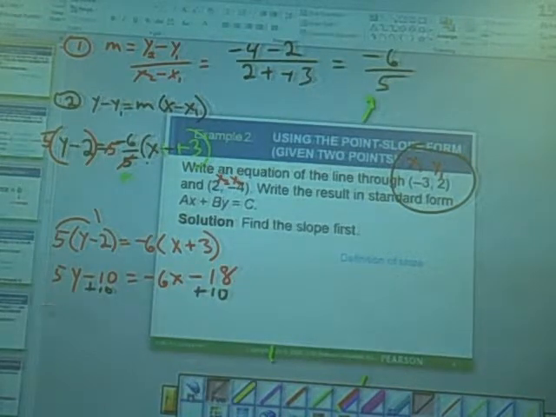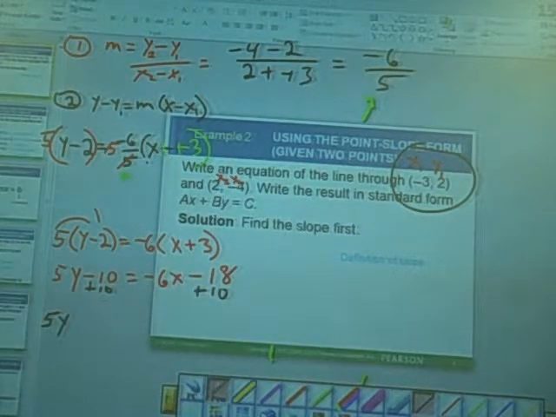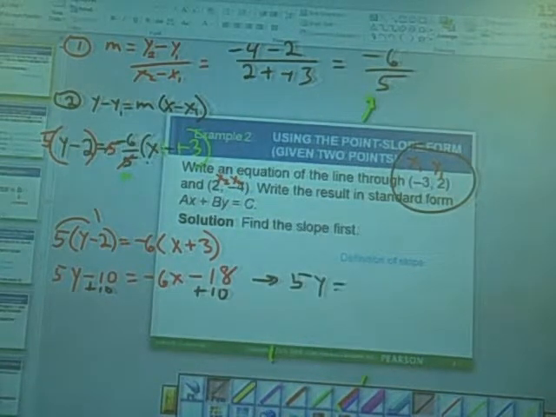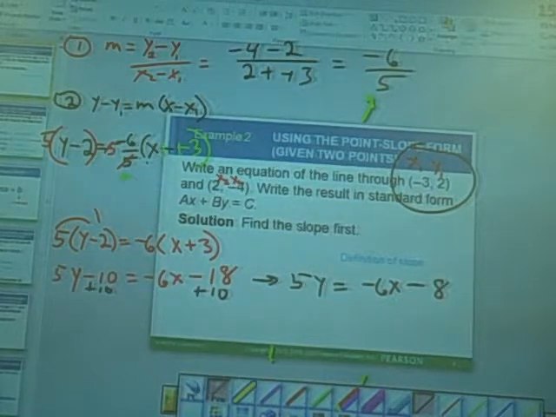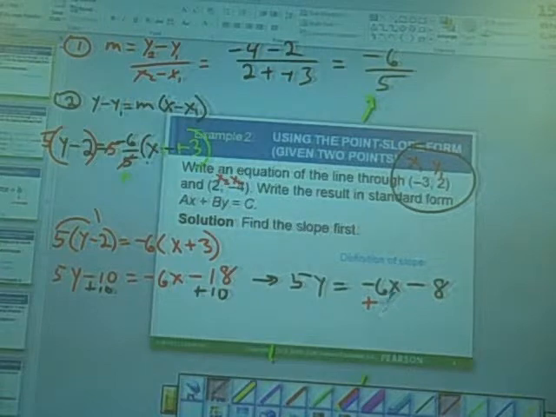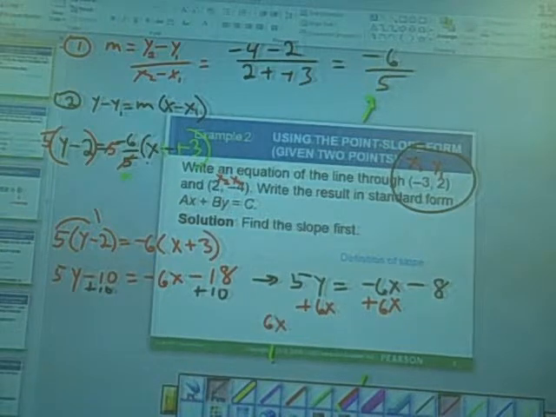And so you have 5y equals negative 6x minus 8, and now you're going to move the x over to the other side, so you put plus 6x, and so that would be 6x plus 5y equals negative 8.